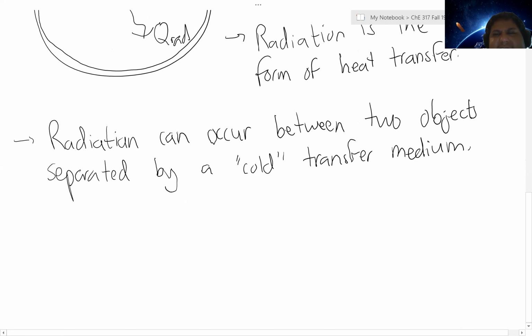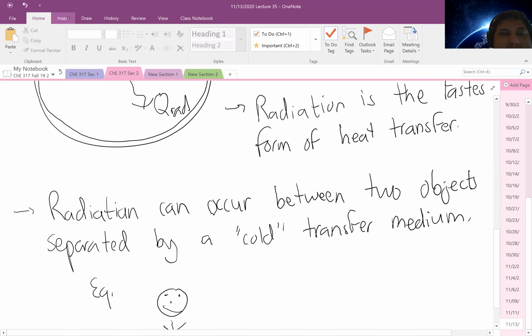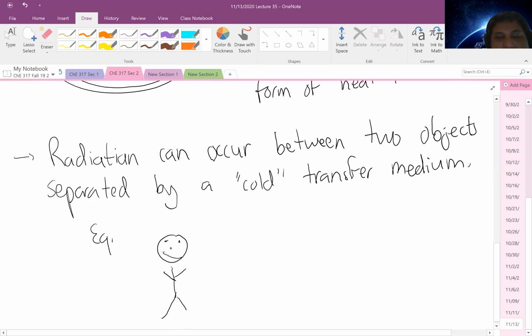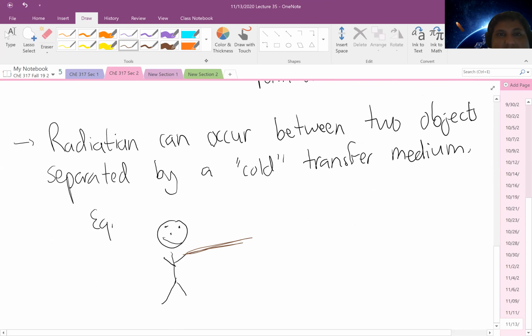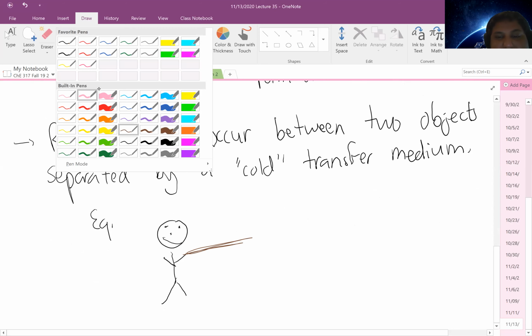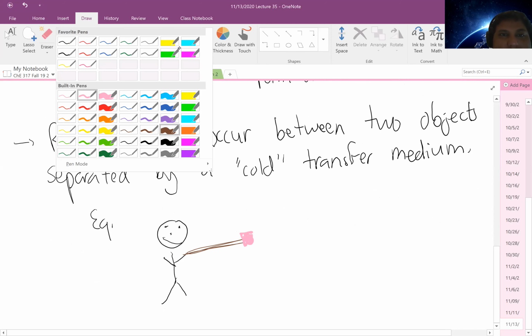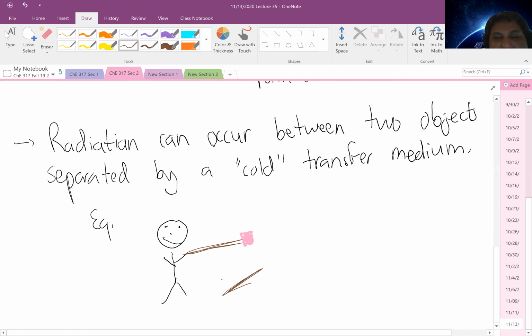What I mean by this is, the example I always bring up is camping. If I'm out in the woods late at night, roasting marshmallows, so let me get my stick. Got stick, marshmallow. And I got a fire going.